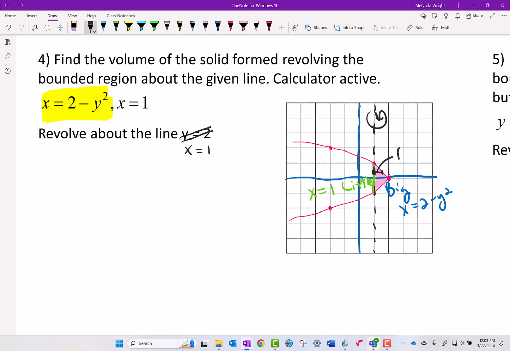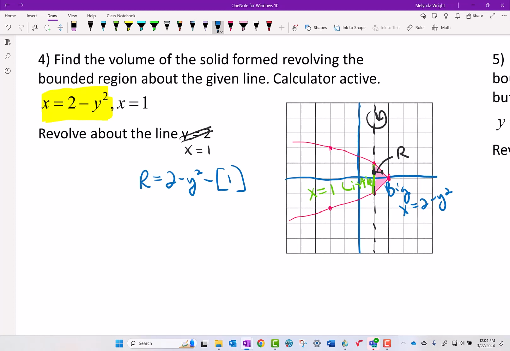This is R. See how handy big minus little is? Have we embraced big minus little yet? I hope so. It makes our life easier. Big is 2 minus y squared minus little, and little is 1.